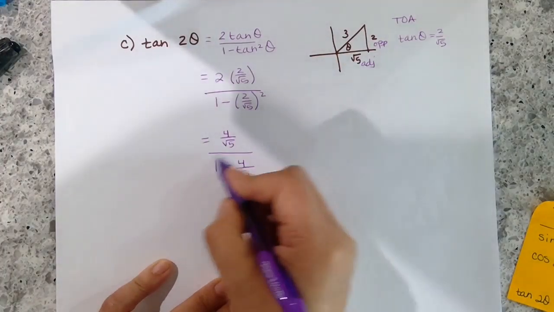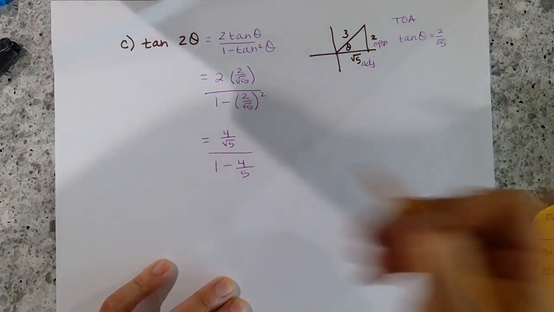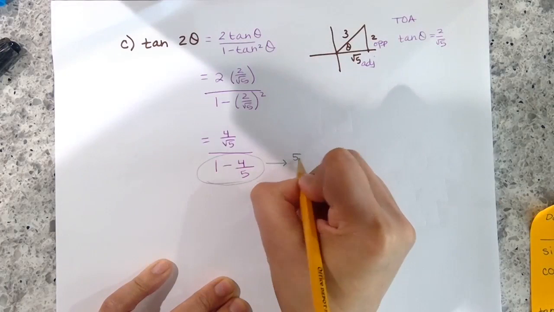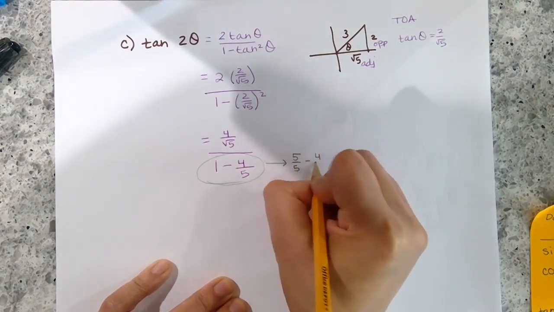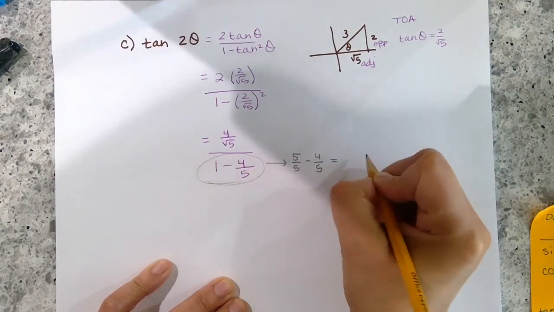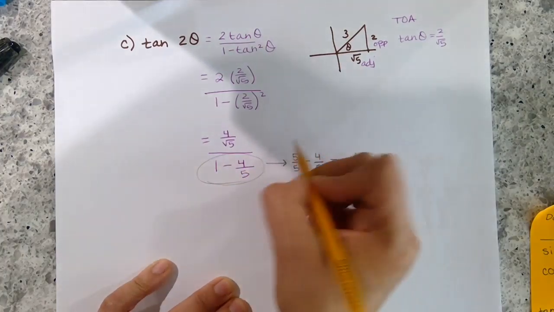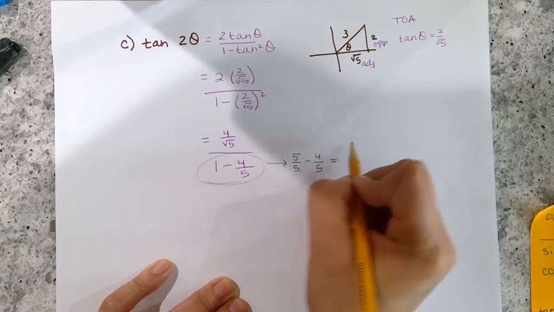So we have to get this to have a common denominator. And again, some of you didn't need to do that. You just do it in your head. That's great.